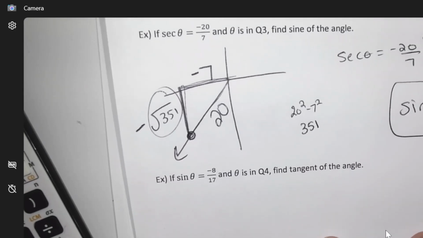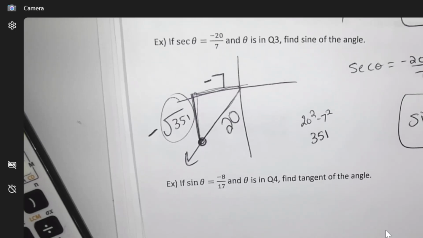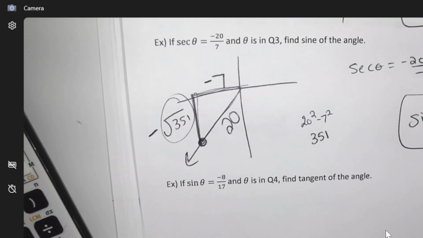Bless you, bless you. So I need a y value and an r value. You can always go back also to ASTC. I'm in a quadrant 3, so this sine value should come out as a negative fraction.